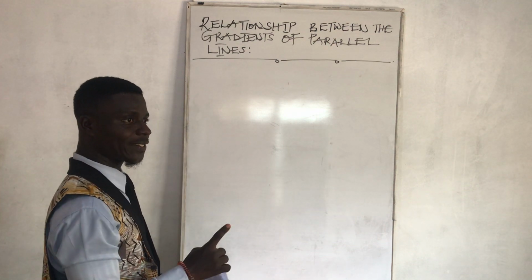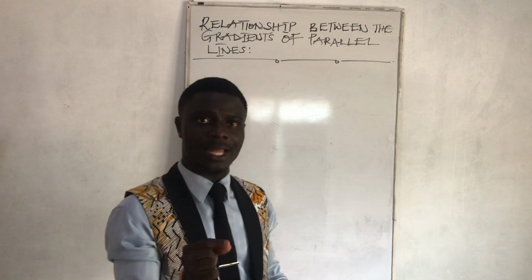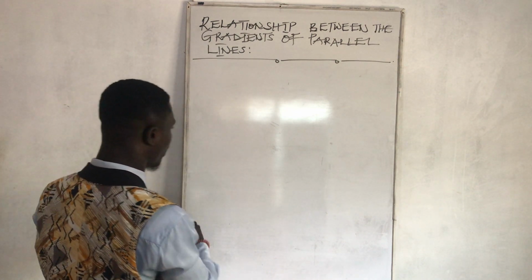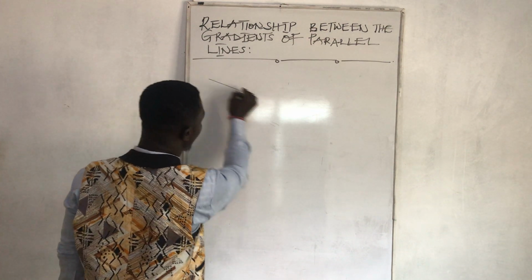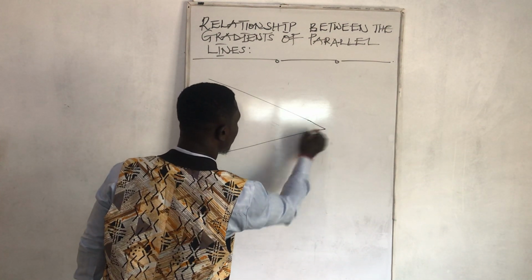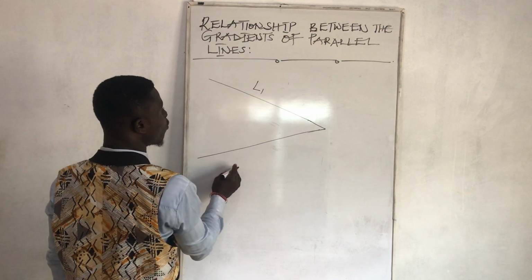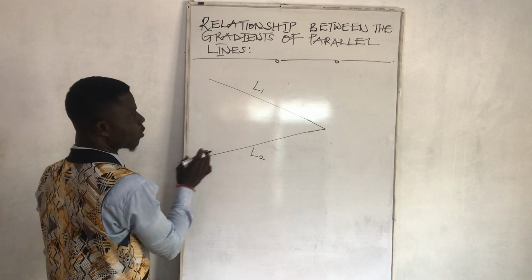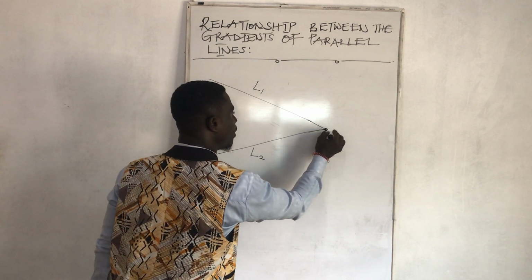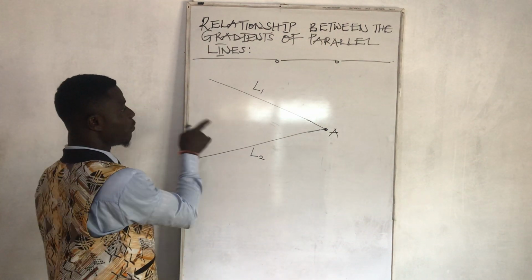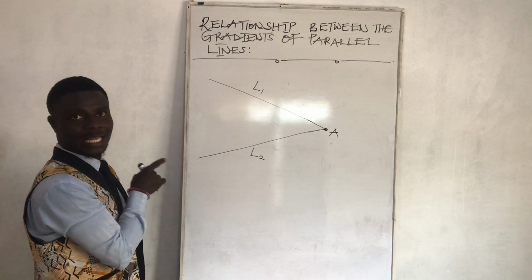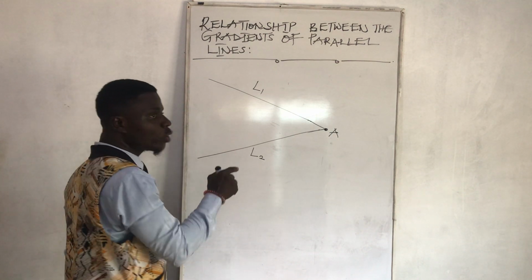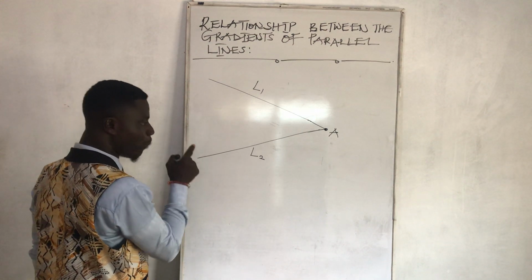So if you have two or more lines, let's say line L1, then L2, and these two lines converge at a particular point, let's say A, this is not the parallel line we are talking of. We are saying two or more lines that do not converge at a particular point.